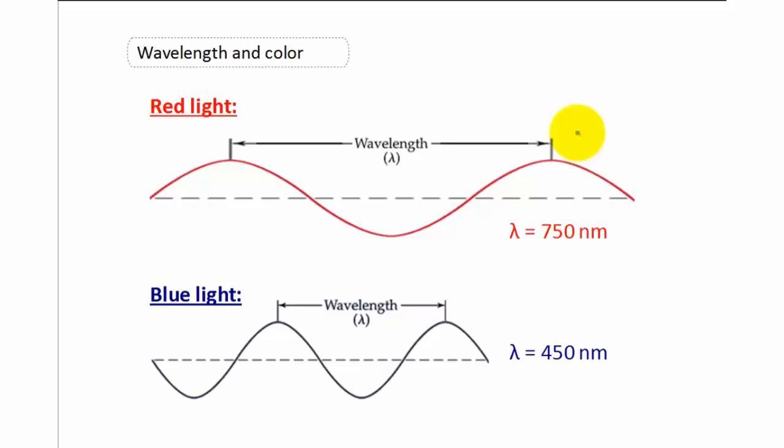Okay? That's about it. And we use this lambda. That's a Greek lowercase lambda. It's like the Greek version of L. So it's just like a length, but specifically when we're talking about the length of one of these waves, we use lambda and we call it wavelength.